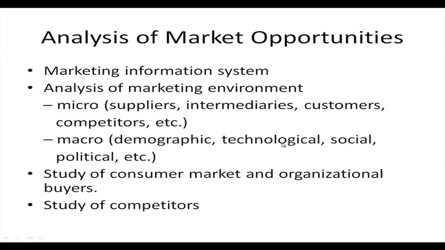What technological changes and other social forces and political changes are coming into the picture? Also, marketing management studies the consumer market and the organizational buyers. So, one is the consumers in the market, the other type is the industrial consumers, the organizational buyers. They buy machines. If you are producing machines, they will buy from you. And it studies the competitors.